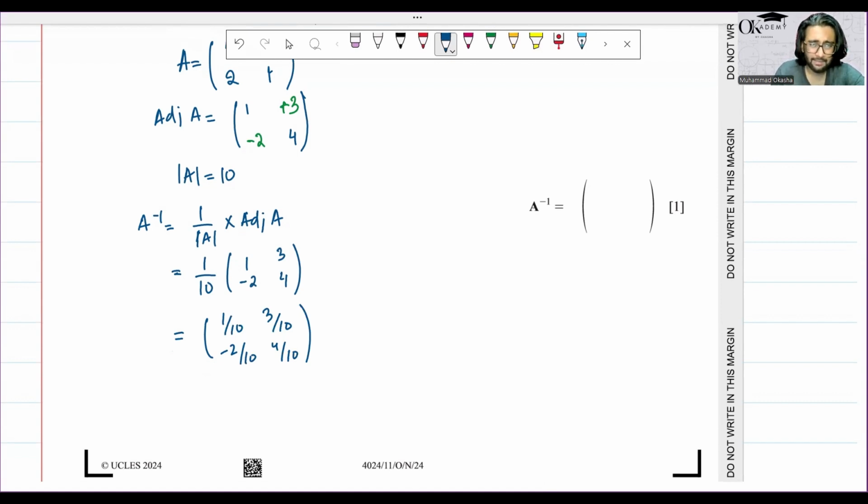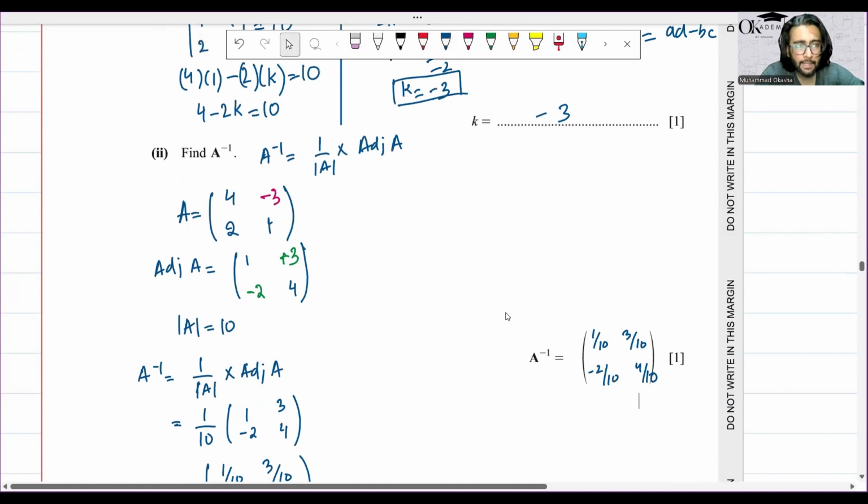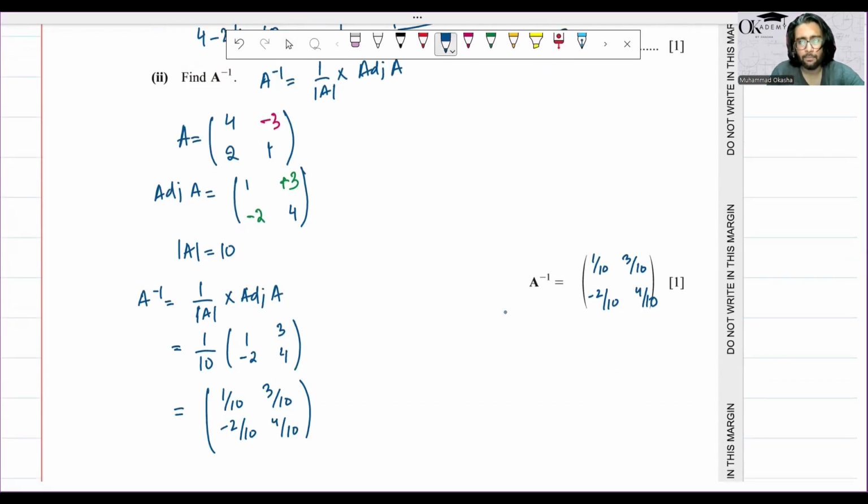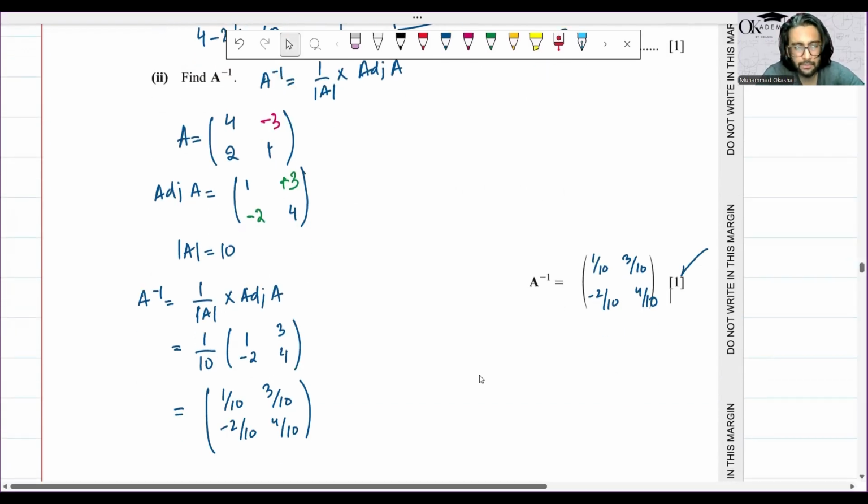If you write it like that, that's fine. Even if we simplify it, that's also fine. So that is my inverse. It was just for 1 mark only, so we don't have to simplify.